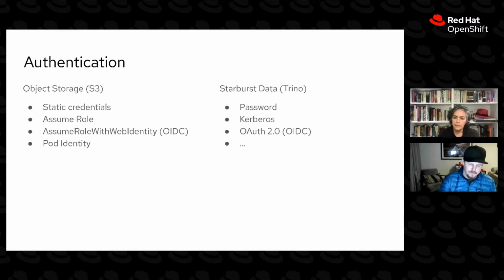It'll talk to that metadata service, get a response, and in that it'll provide a key. The SDK is smart enough to know, okay, my key is about to expire, I'm going to interrogate the metadata service and get a new key, and then it'll use the new key to sign requests going from there.